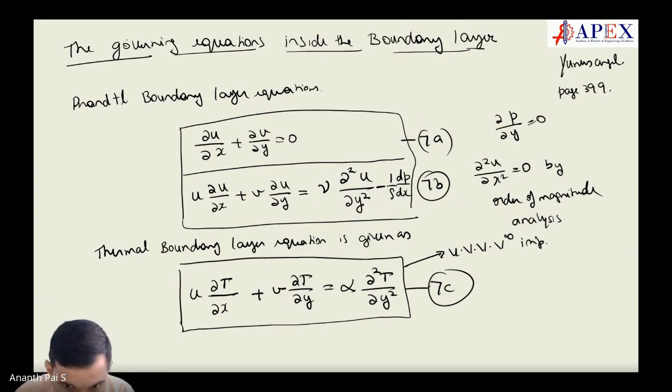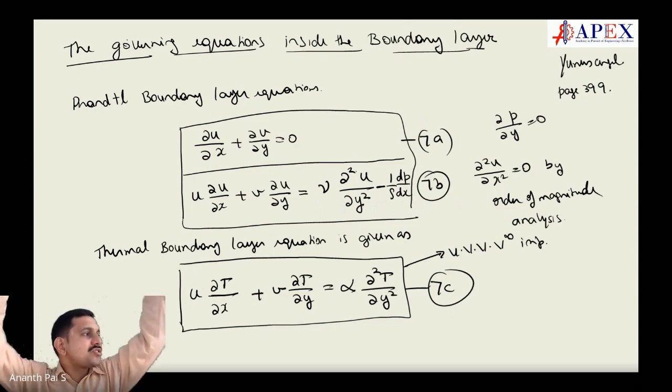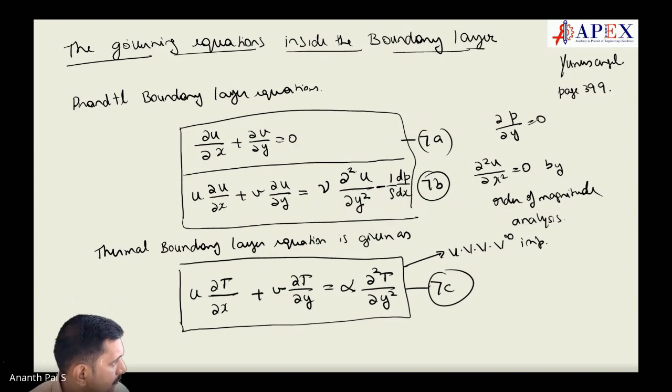There is diffusion of temperature only in the y direction. Although it is there, it is negligible in the steady state. In the steady state, streamwise diffusion of heat is negligible. Make sense? It's only cross-stream diffusion. Hope you get the point.